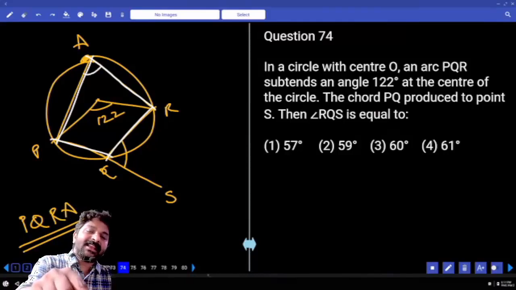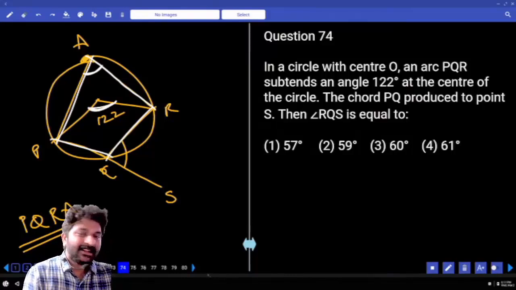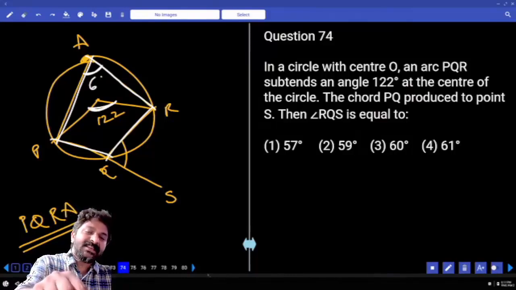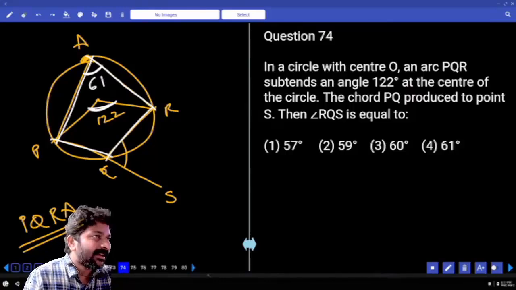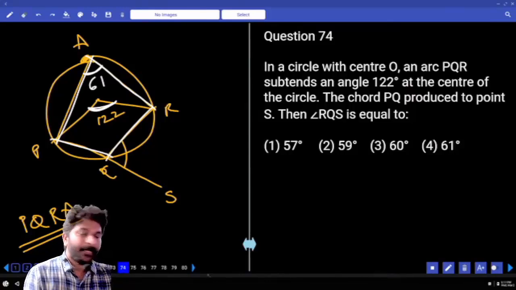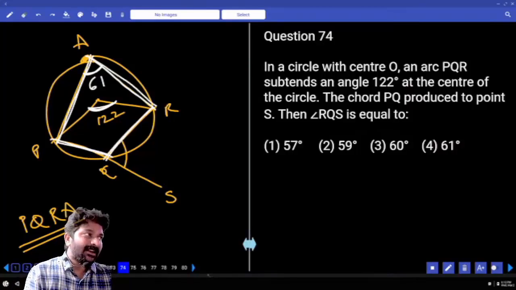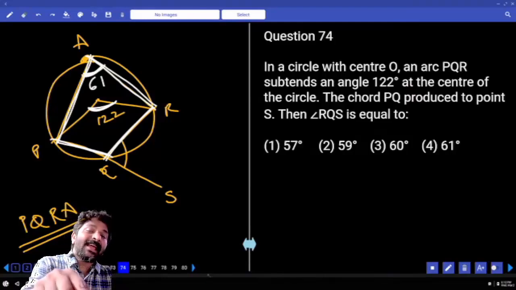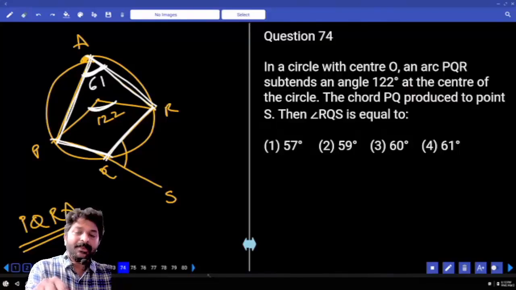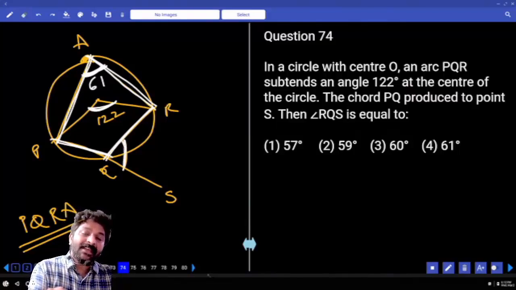So, in the cyclic quadrilateral, angle at A is equal to half of the angle made at the center. That means 61 degrees. Correct. For the cyclic quadrilateral, do remember one point. For the cyclic quadrilateral, the interior angle at one point is equal to the exterior angle at the opposite end.